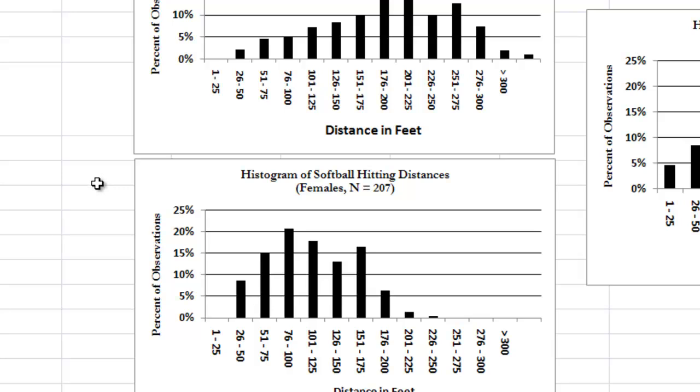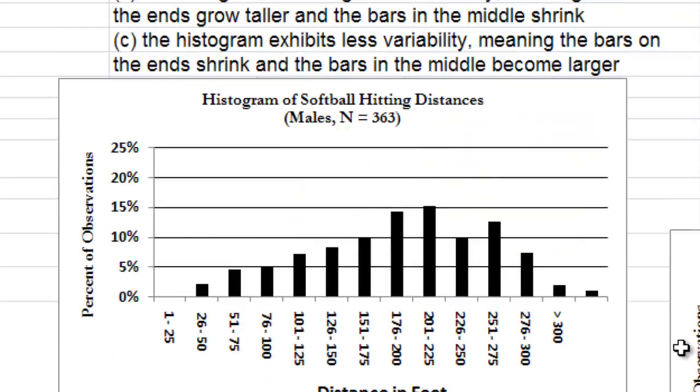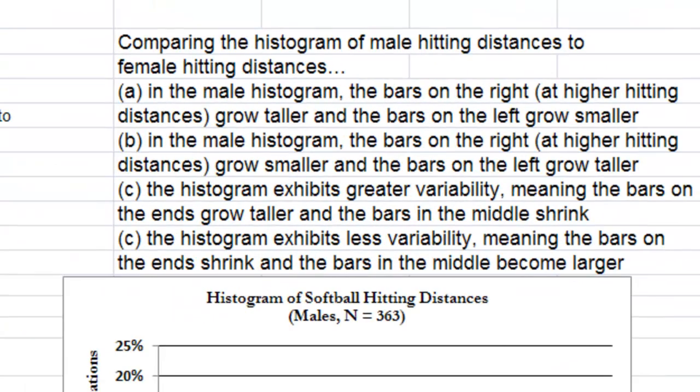This would be describing a situation where we start off with this female histogram, and if this histogram exhibited more variability, the bars would shrink a little over here but grow taller over here, such that we have bars across the spectrum where there are hitting distances of some percentage all around. And that's exactly what we find if we change the question to something else.